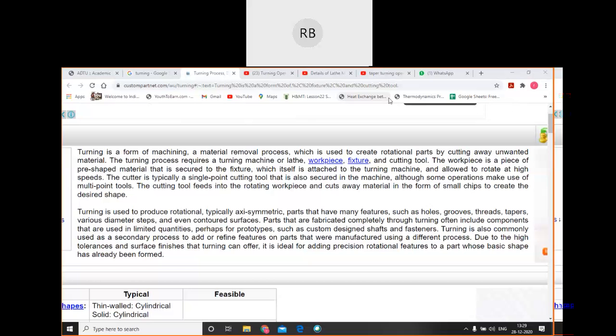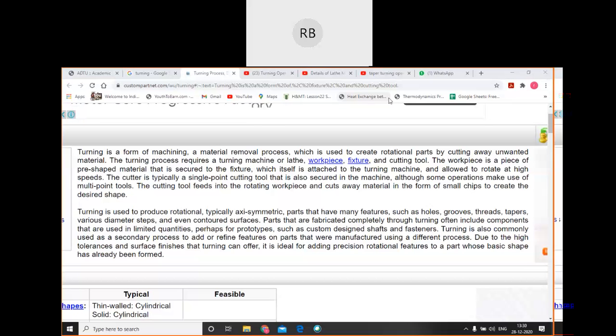The turning process requires a turning machine or lathe machine. Then in the lathe machine you will need a workpiece. The workpiece will be your object from which you want to remove the material. Then the fixture, where you will fix the workpiece. Then the cutting tool, through which you will remove the excess material.